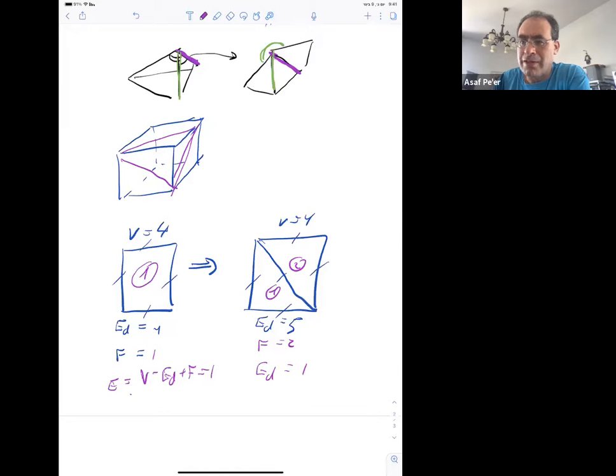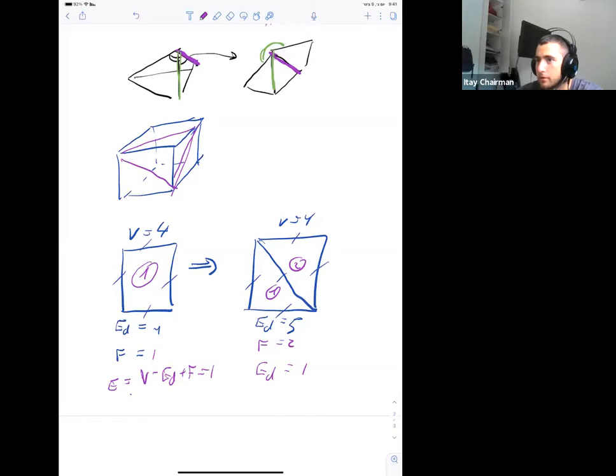Hey guys, I assume you took the time to solve this problem at home. What's the sum of angles in a triangle? Pi. Pi, right?